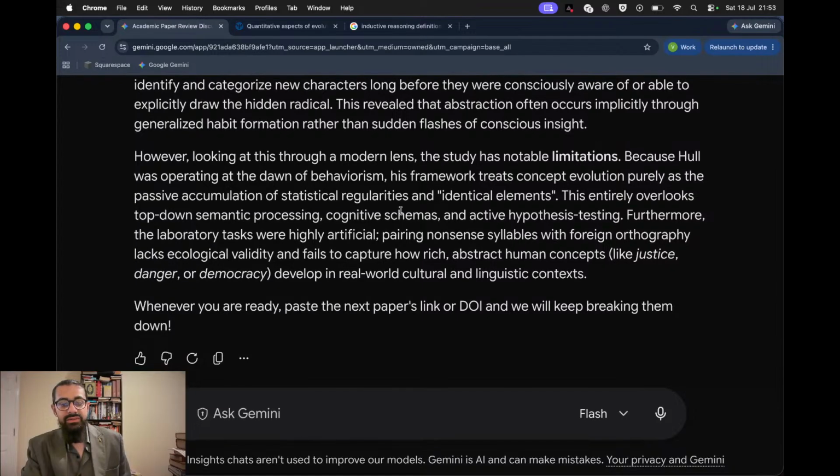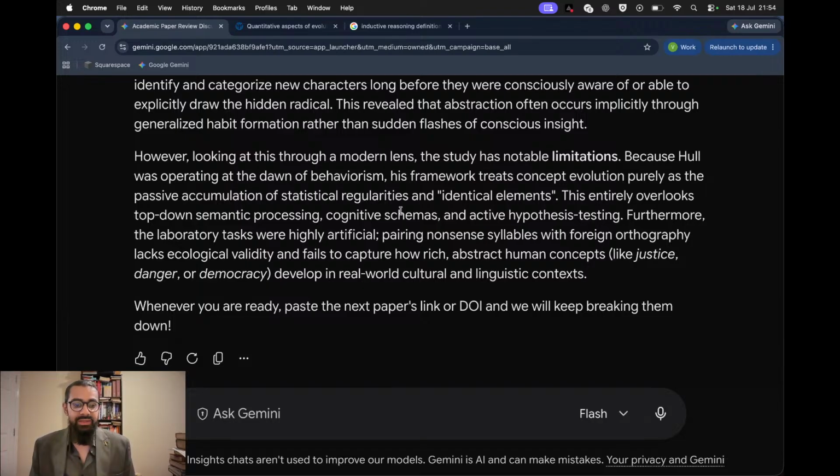However, looking at this through a modern lens, the study has notable flaws. Because Hull was operating at the dawn of behaviorism, his framework treats concept evolution purely as passive accumulation of statistical regularities and identical elements. This entirely overlooks top-down semantic processing, cognitive schema, and active hypothesis testing.